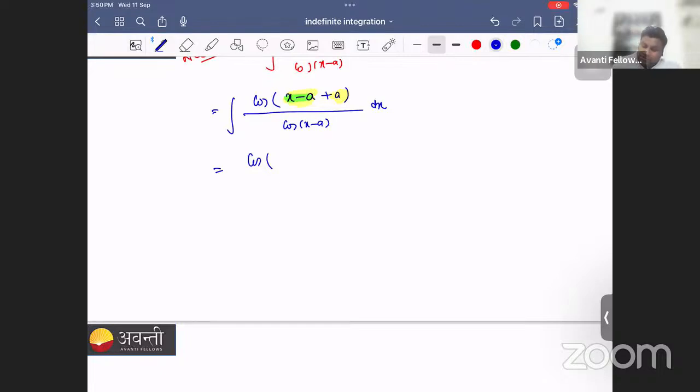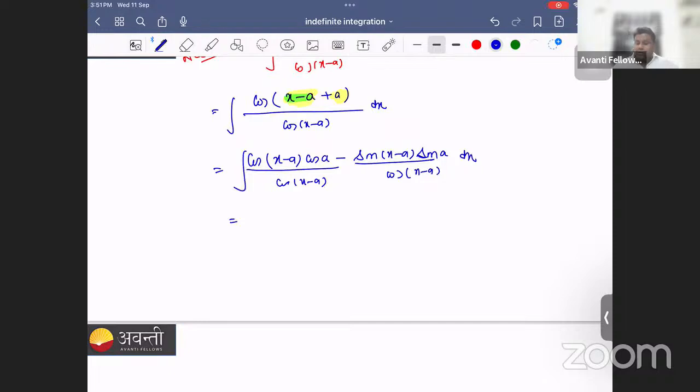So it will be cos of x minus a cos a minus sin of x minus a sin a, upon cos of x minus a, dx integration. Got it? Now this cos of x minus a cancels. So it became cos a minus sin a into tan of x minus a dx.